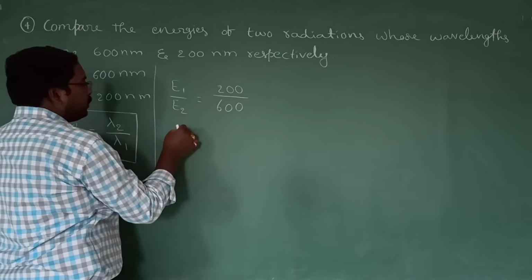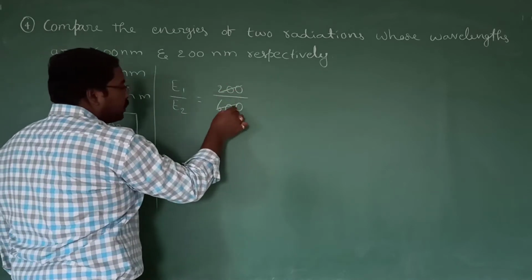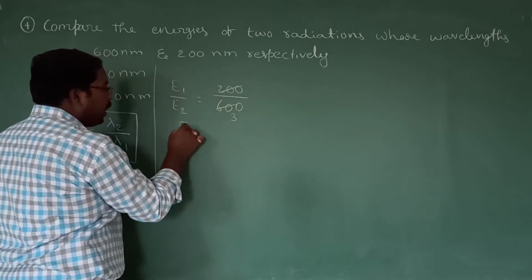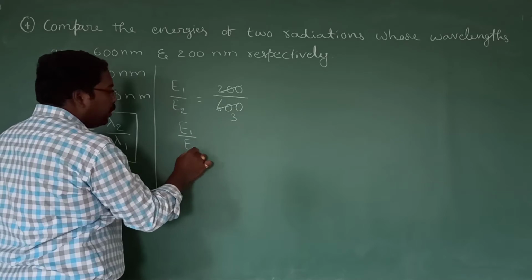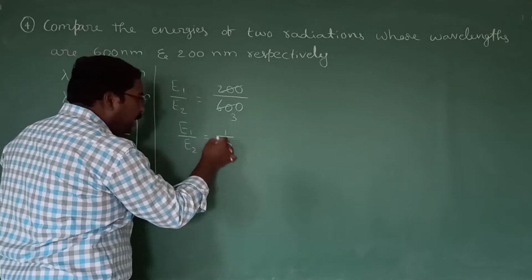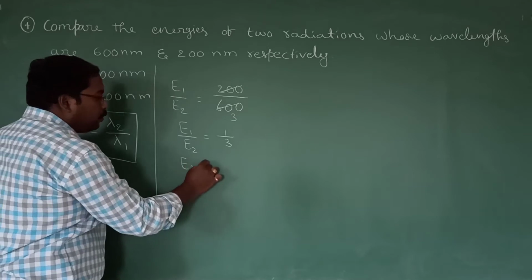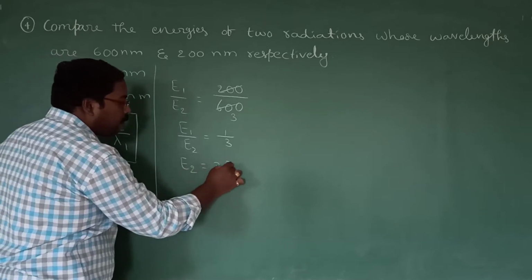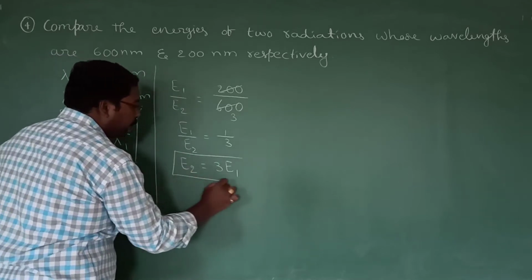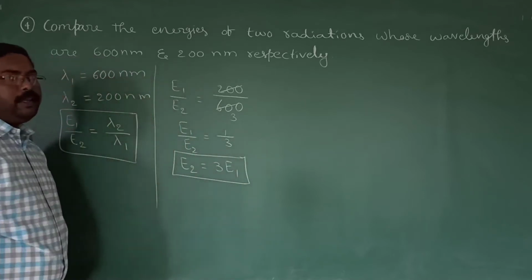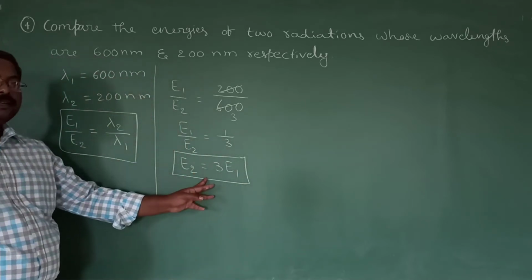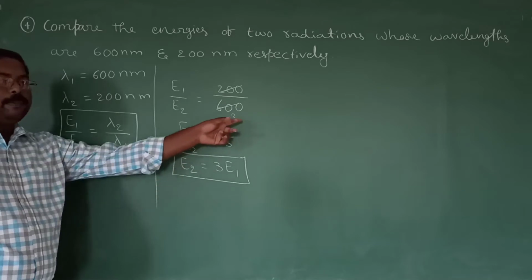How much is it? 3 times. So E1 by E2 is equal to 1 by 3, or E2 is 3 times E1. Got it? Cross multiplication I did.